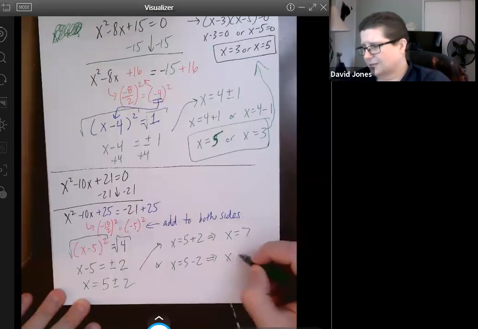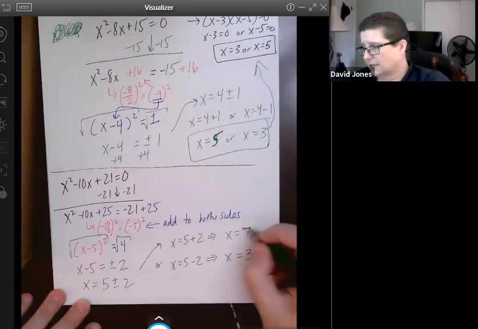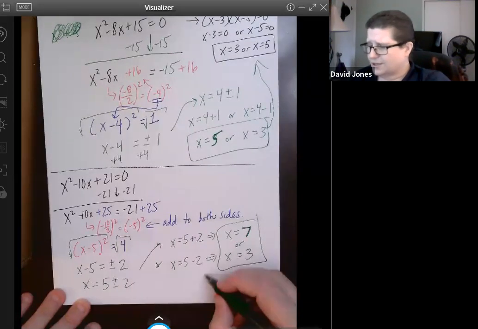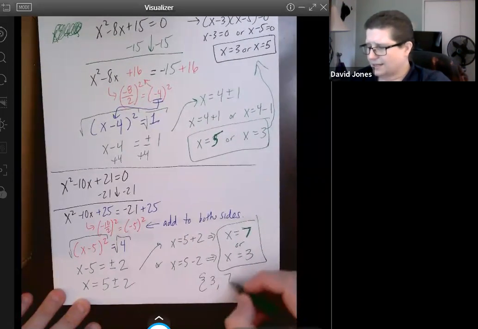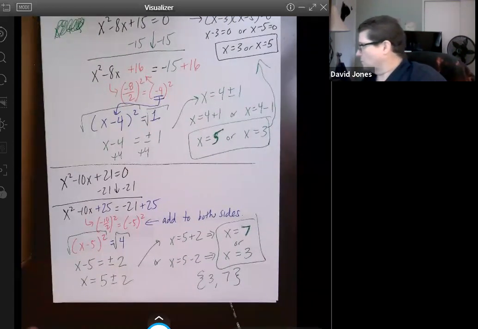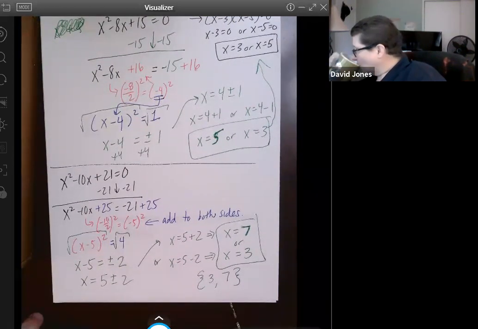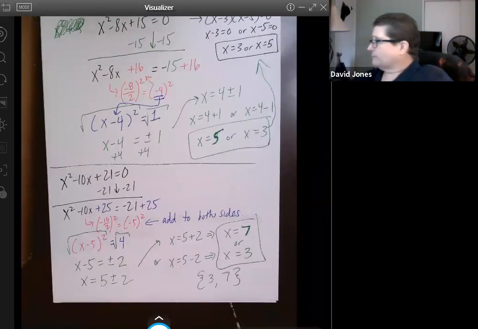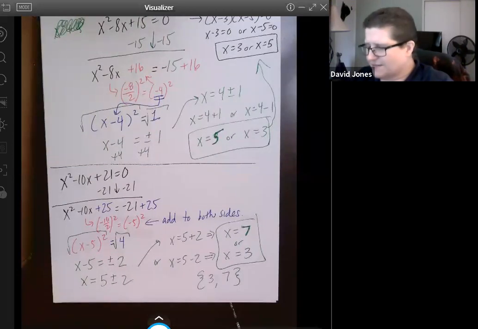That gives me x equals 3. Or in solution set notation, 3 and 7. Doesn't always lead to nice values.